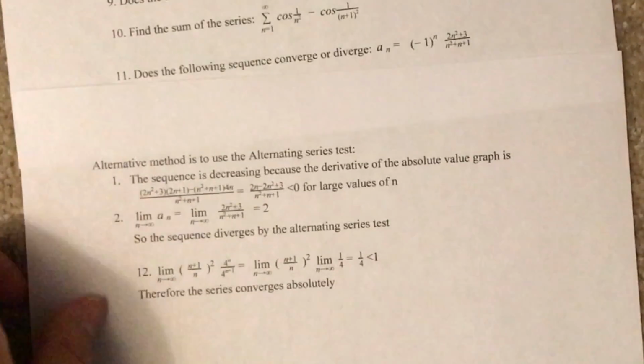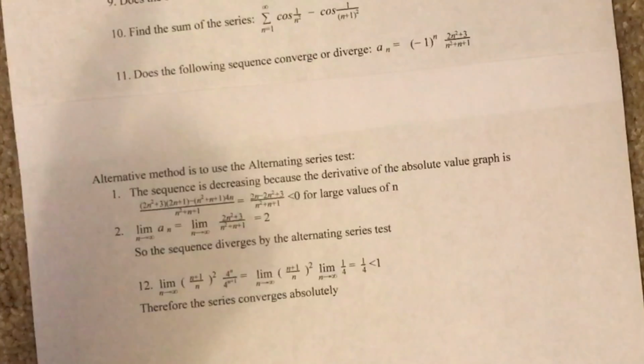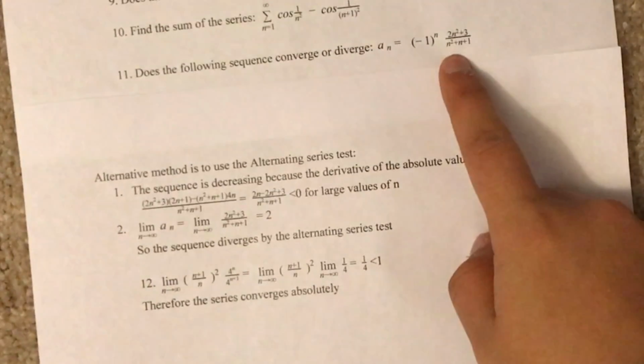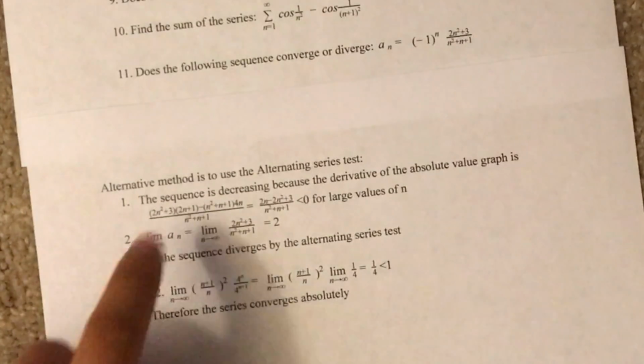Another way to look at number 11 is to use the alternating series test. So the 2 criteria needed for the alternating series test are: 1, the sequence must be decreasing, and 2, the limit as n goes to infinity for the sequence must be 0. So to see if the sequence is increasing or decreasing, you can find the derivative of the sequence, which would, in this case, be low d high minus high d low over low squared.